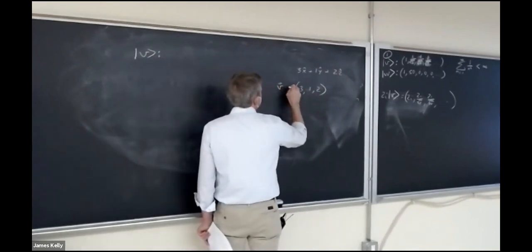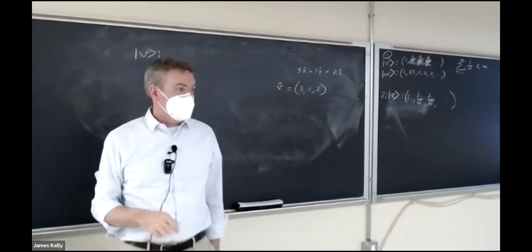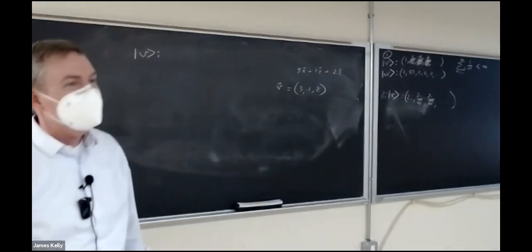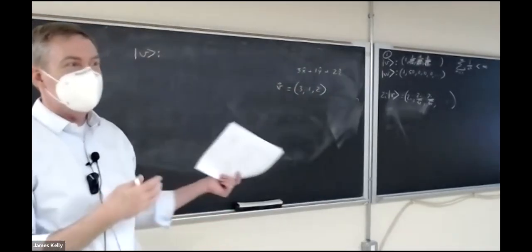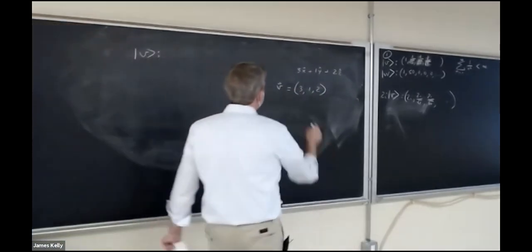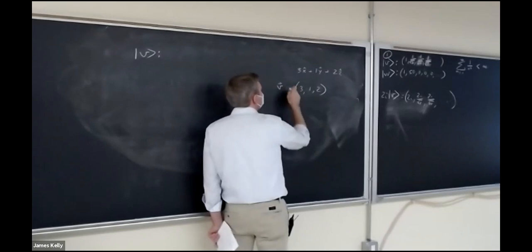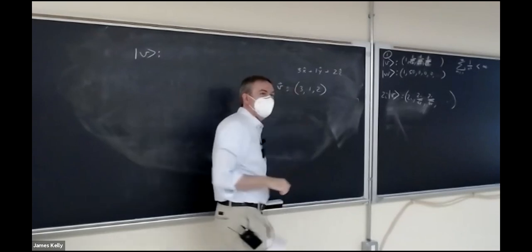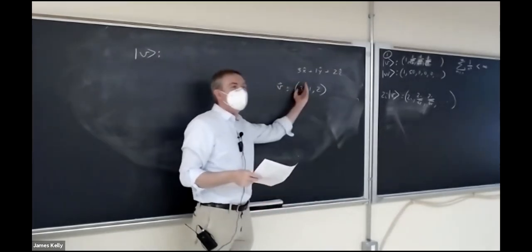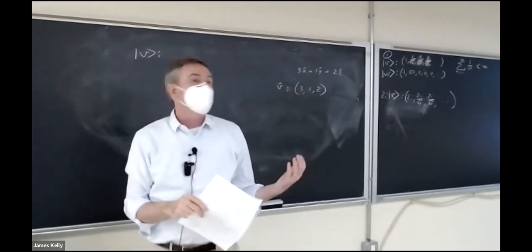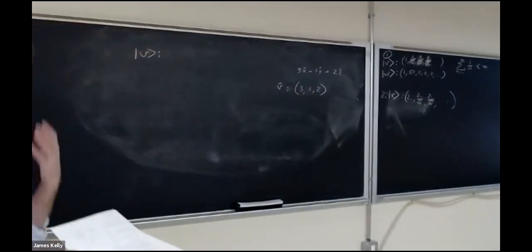People tend to shy away from writing equal signs like that because you don't want to say the vector is the components. That's sort of mixing up two different ways of talking about it. This is the thing we're talking about, and there are lots of different ways to represent it. So a lot of times people will put a colon there and just say, this is the thing we're going to represent in this particular way. I don't have to represent it that way, but it's a definite thing.